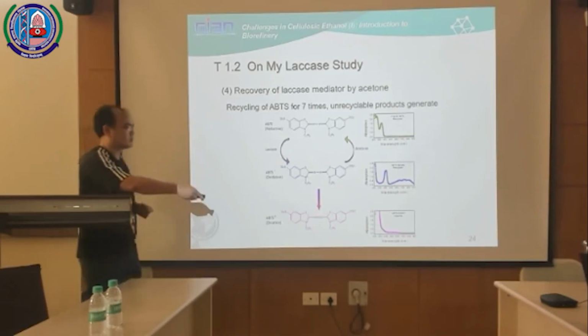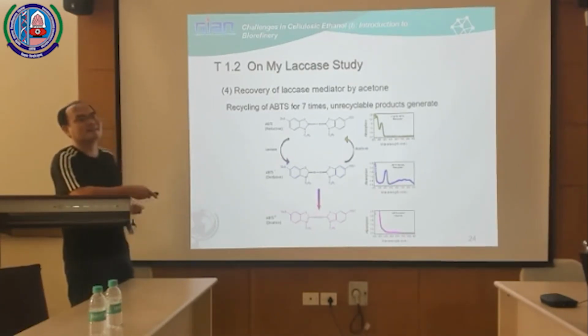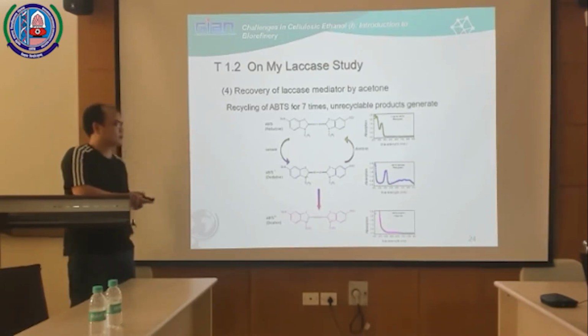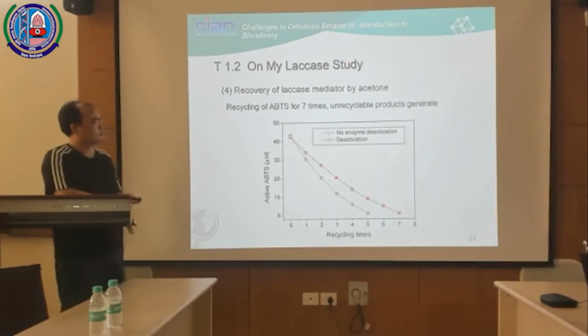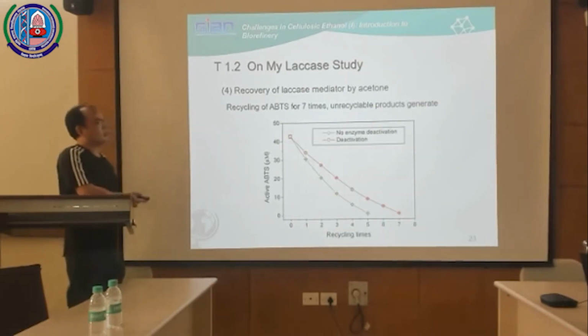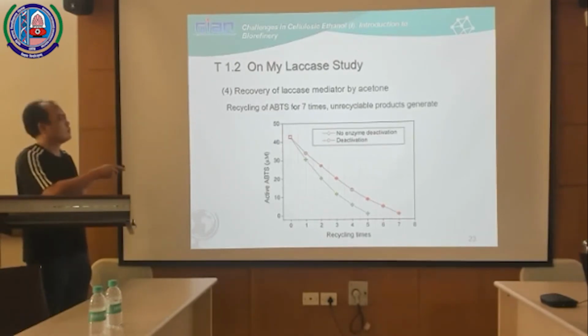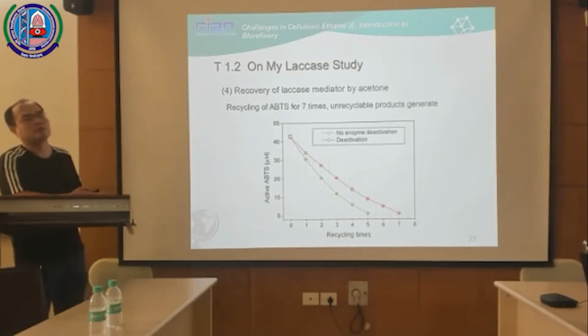We found it's not red; its color is like this. And then we used the ability test for recycling. We found it works for a total of 4 times of recycling.